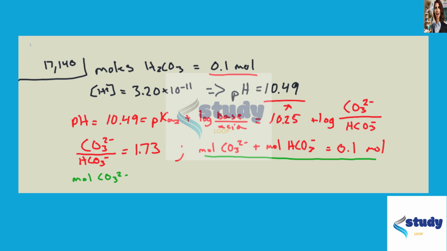So first of all, we're going to rearrange this one. Let me erase this for clarity here. We're going to use the first one to find the second one. So moles of CO3 2 minus is equal to 1.73 HCO3.